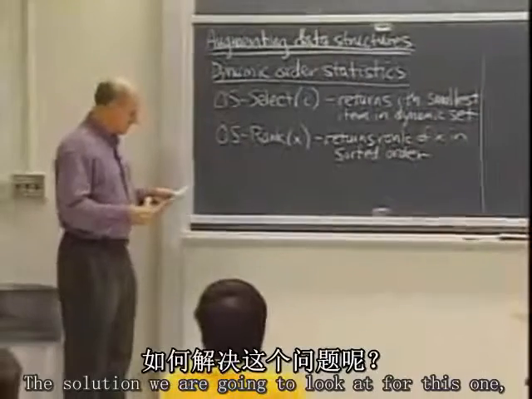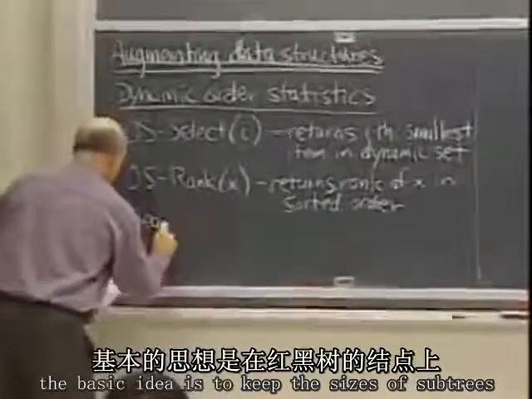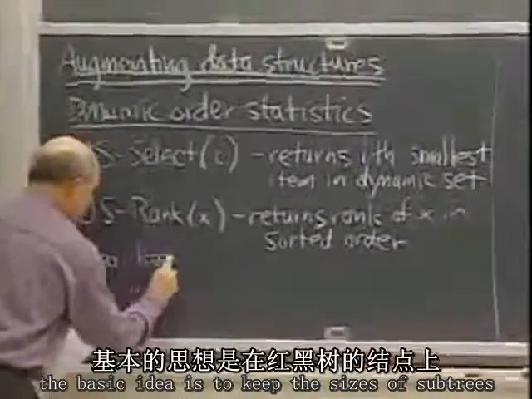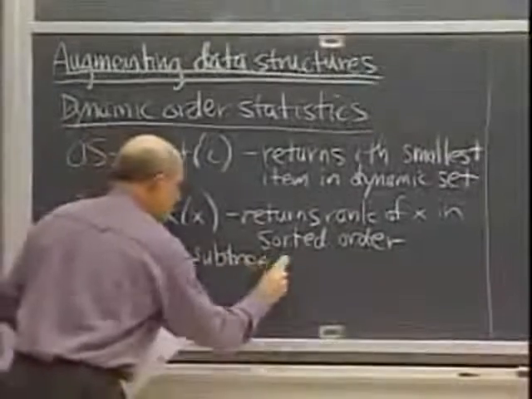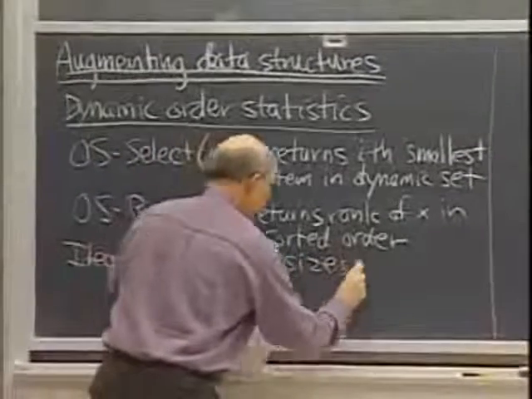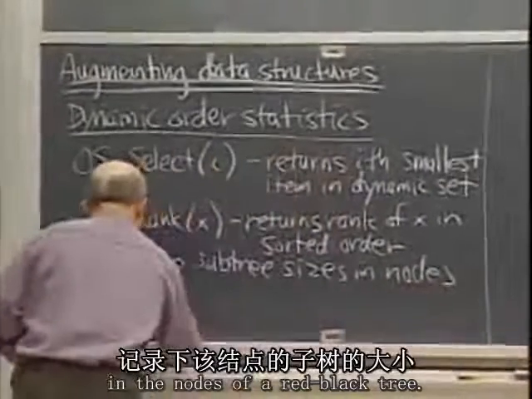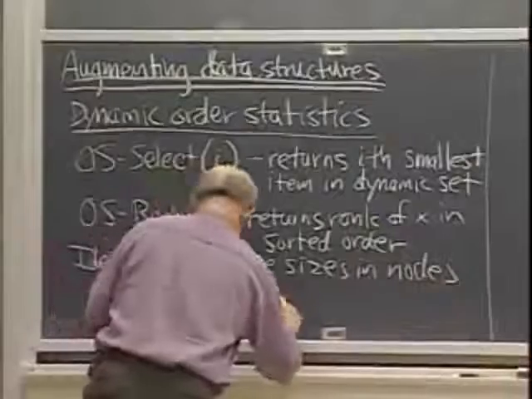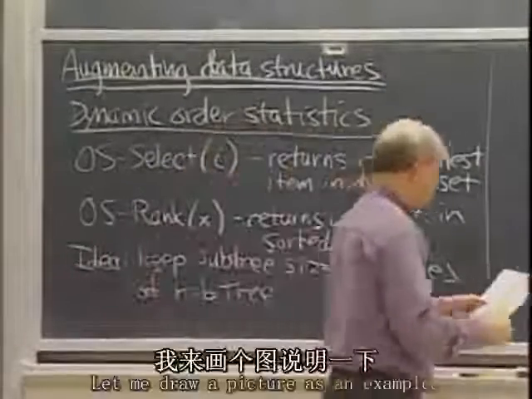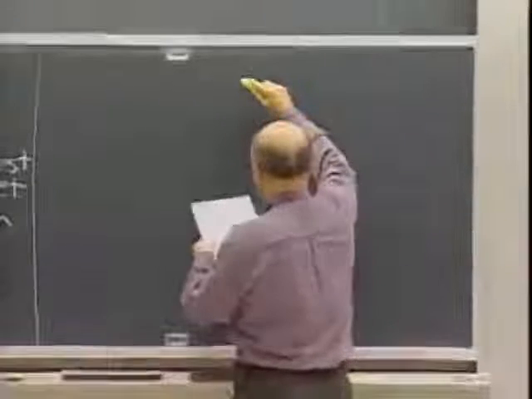So the solution we're going to look at for this one, the basic idea is to keep the sizes of subtrees in the nodes of a red-black tree. So let me draw a picture as an example.